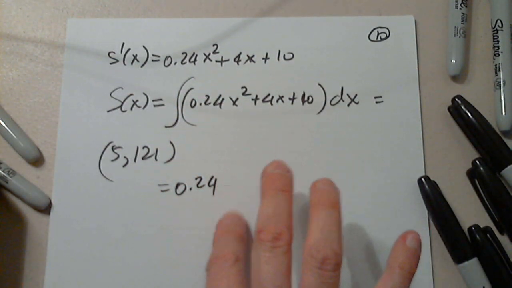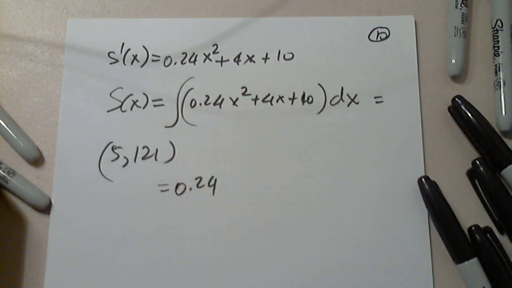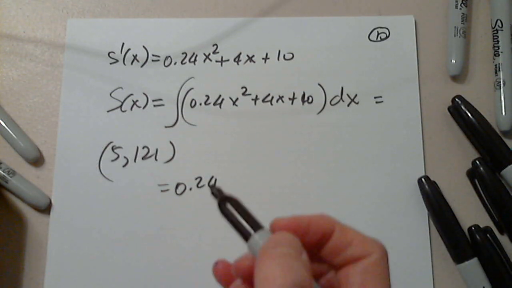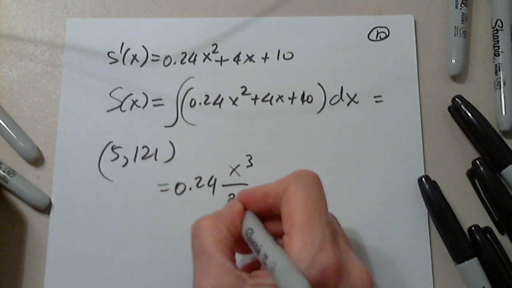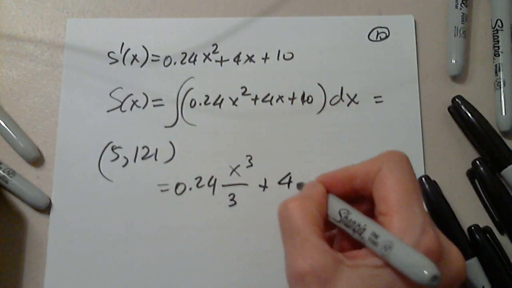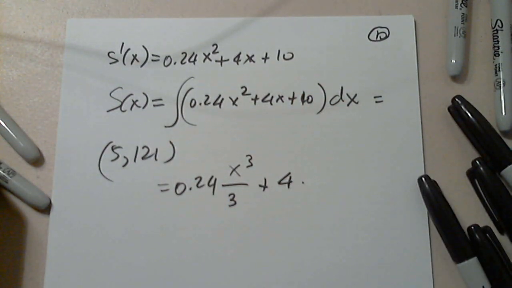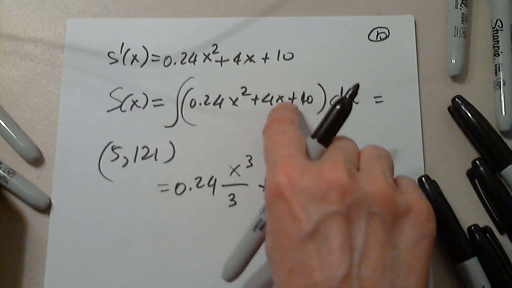I need the function whose derivative is x squared. Now this is a polynomial. I have to use the power rule. Yes, plus 4 stays and waits patiently. I need the function whose derivative is x.